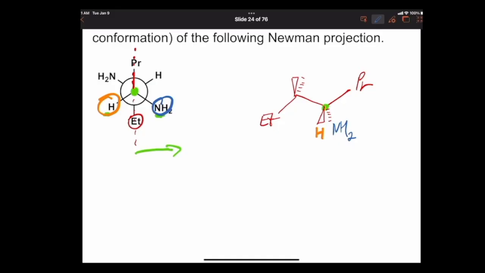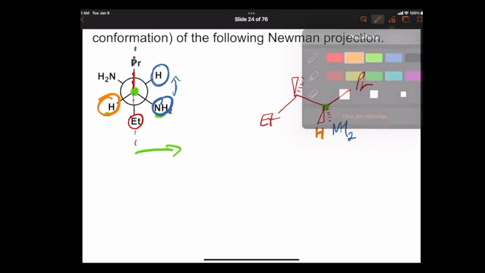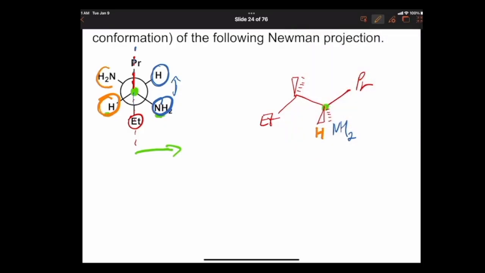If this was the plane bisecting down this way, nitrogen and this blue hydrogen were on the same side, and this orange hydrogen, that nitrogen back there, on the same side. So I'm going to put an NH2 here and hydrogen back here.